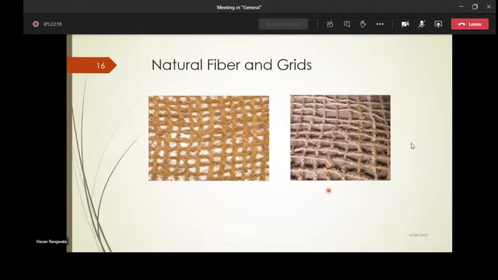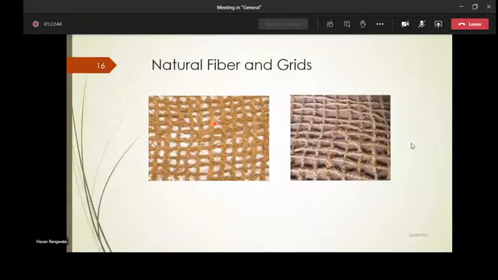In various applications, that grid has to be placed simply into the soil, as we have done with the geosynthetics, where you have done the reinforcement system of the soil with geosynthetic material, or rather, synthetic material. This is purely natural material.